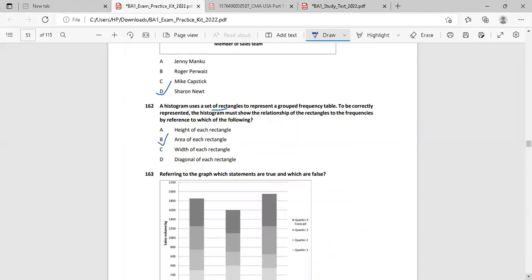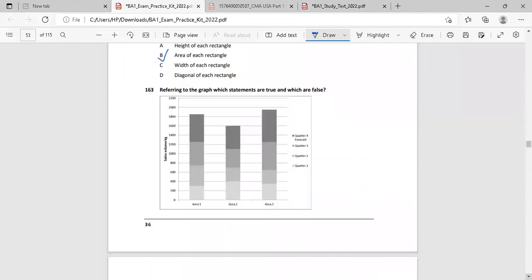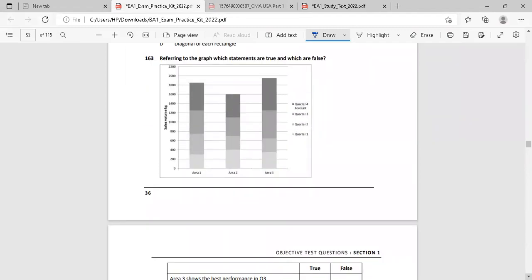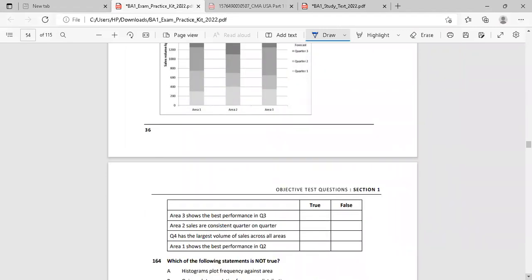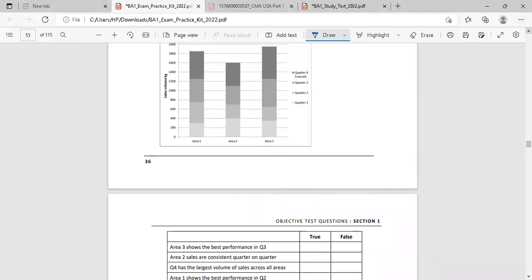Referring to the graph, which statements are true and which are false? So what are the statements? Area 3 shows the best performance in Q3. Area 2 sales are consistent quarter on quarter.